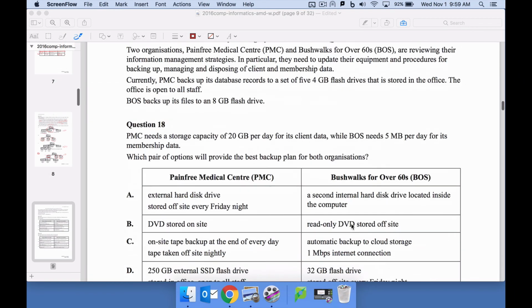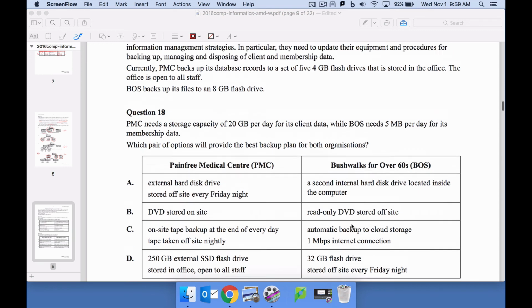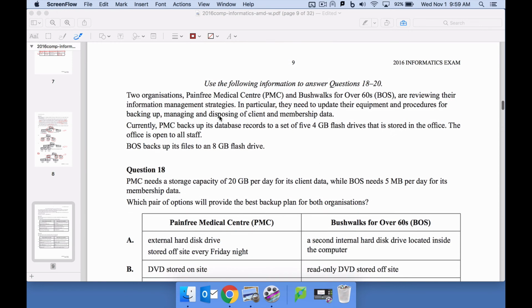Question 18. PMC, I think we've skipped a bit. So we have a bit of a case study here we need to read first. Two organisations, Pain Free Medical Centre, PMC, and Bushwalks for Over 60s, BOS, are reviewing their information management strategies. In particular, they need to update their equipment and procedures for backing up, managing and disposing of client and membership data.